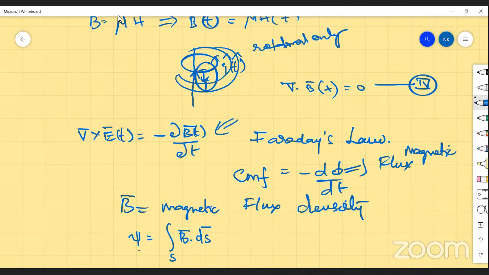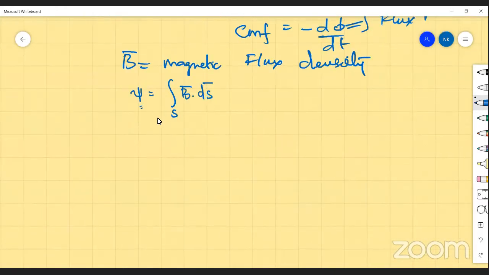If it is a closed surface, it is 0. Suppose the flux lines are coming like this, and you have an open surface like this. What is the contribution of this area? Phi. This will be open.